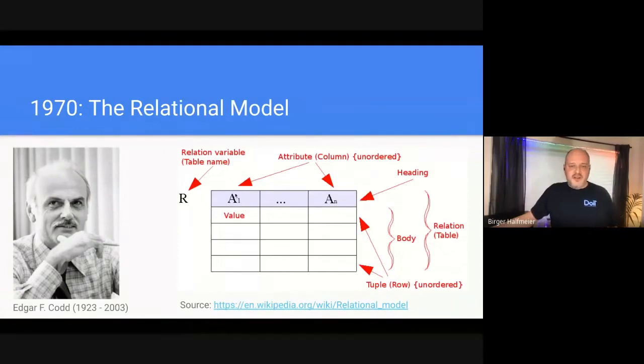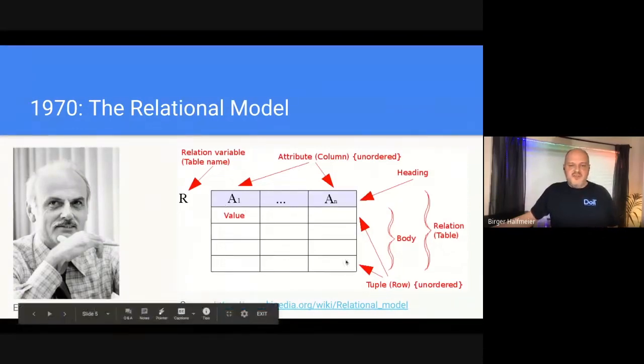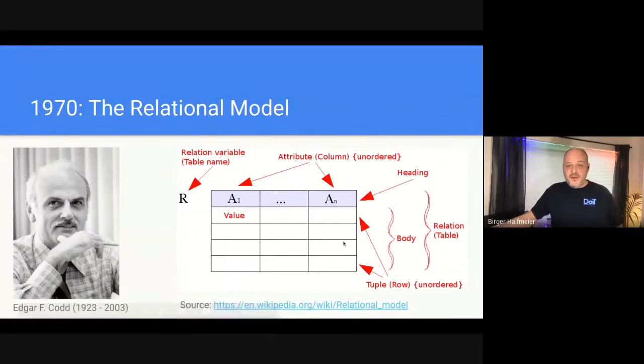In Codd's model, both the rows and the columns did not have any inherent order in them, so everything was addressed by name, and that was very important to him, to have that sort of layer of abstraction. And we can only imagine what things were like before. You kind of have to imagine pointers between files and all that kind of stuff, which he didn't think was very usable.